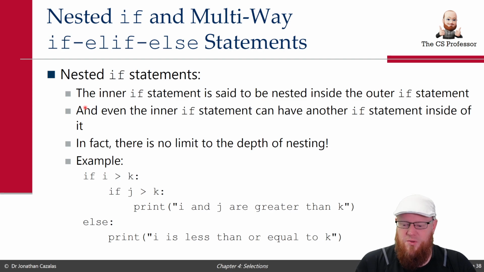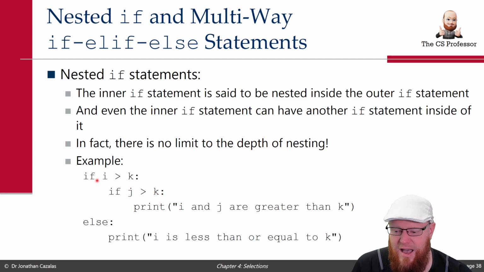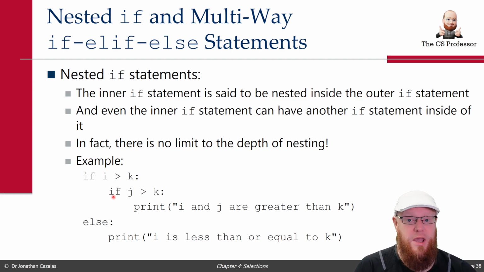So let me open this one up. Here we have if i is greater than k. Then inside that we have, it's nested, if j is greater than k. So this is nested over. This if statement is inside this if statement. So if i is greater than k, then we check if j is greater than k. And if both of those are true, we're going to print i and j are greater than k.